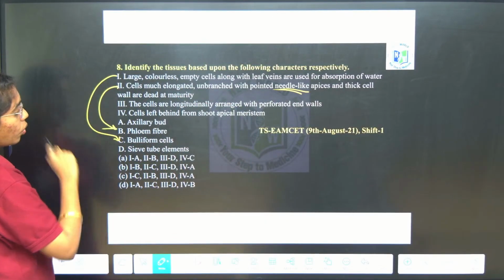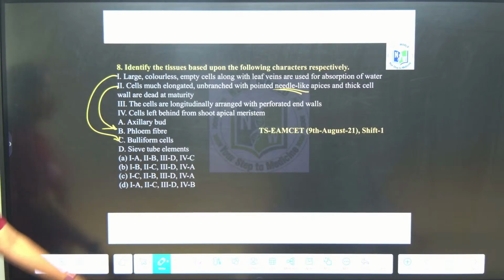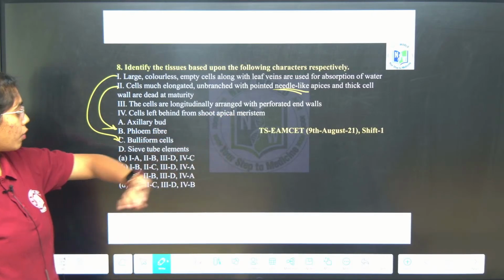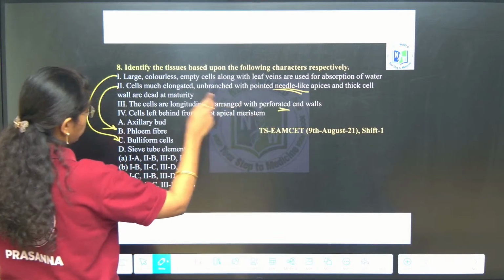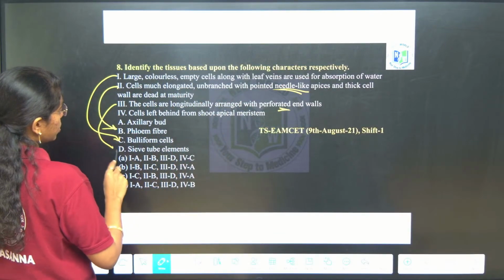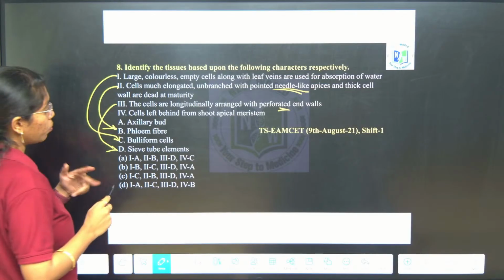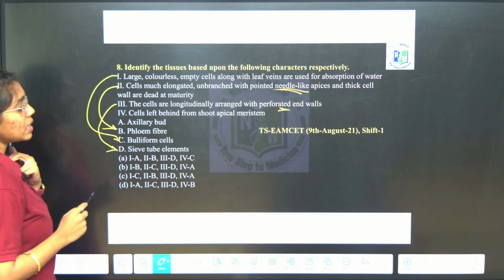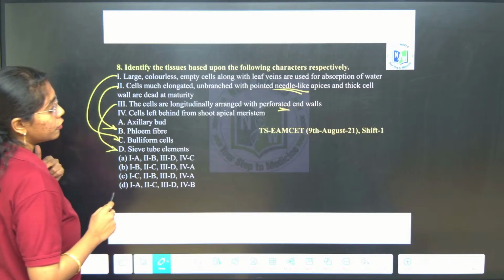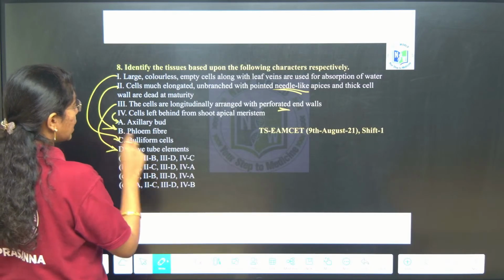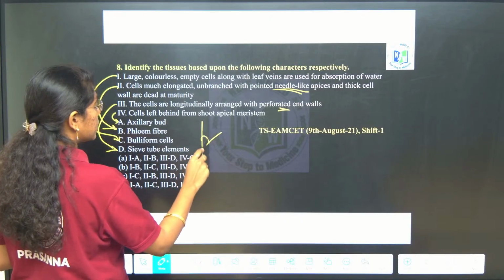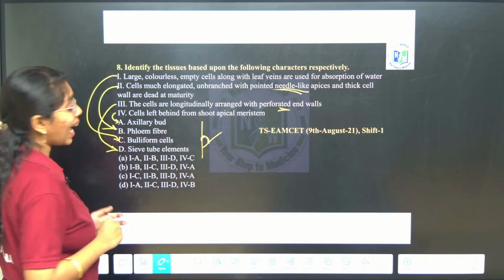So phloem fibers. The cells which are longitudinally arranged with perforated end plates will be what? Sieve tubes, which have what? Sieve plates at both the ends. Cells left behind from shoot apical meristem. What are the cells that are left behind the shoot apical meristem? In the axillary region, those are the axillary bud.